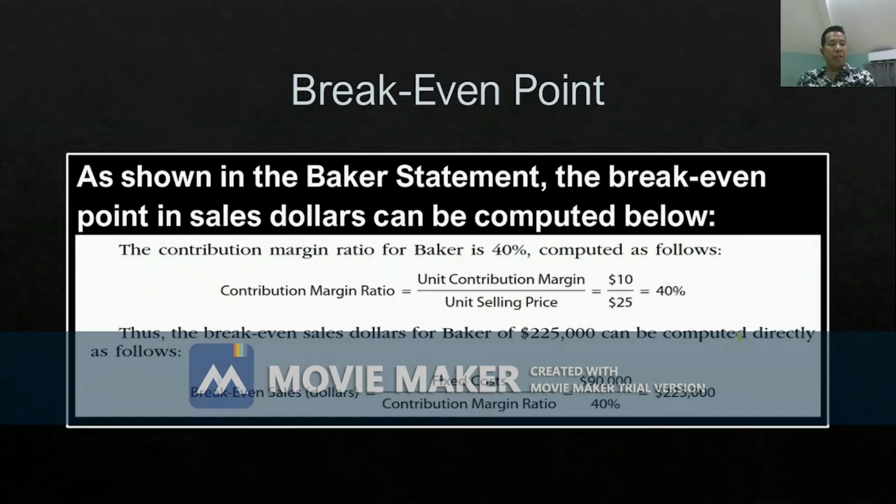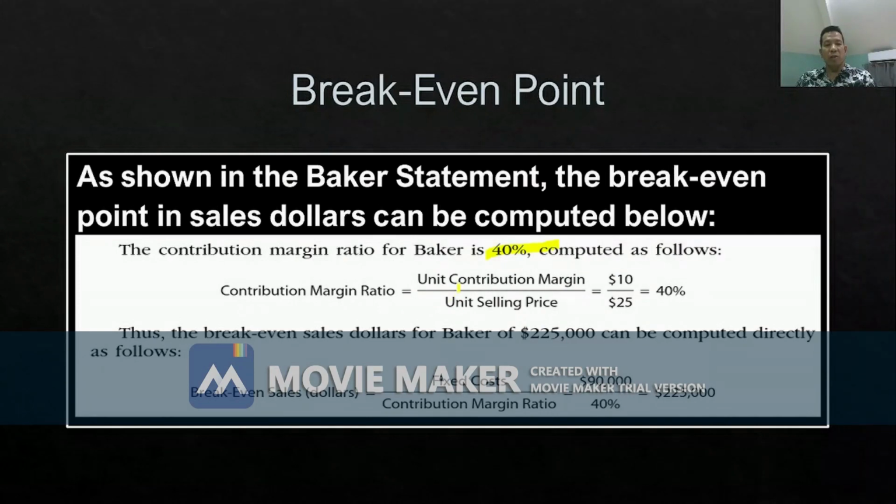As shown in the Beaker statement, the break-even point in sales dollars can be computed as follows. Assuming na 40% yung contribution margin ratio niya.